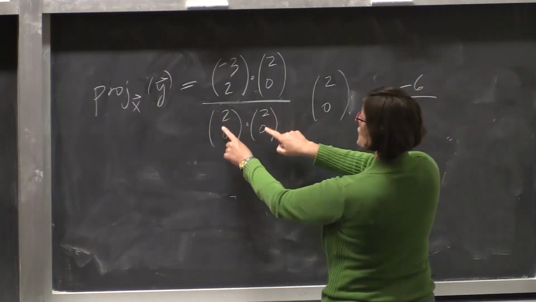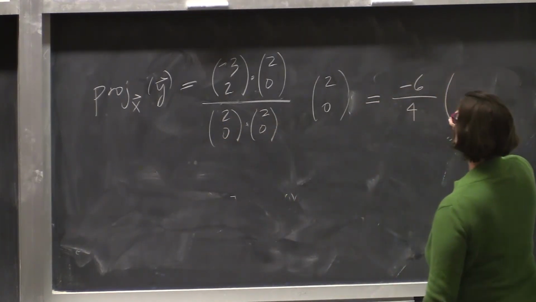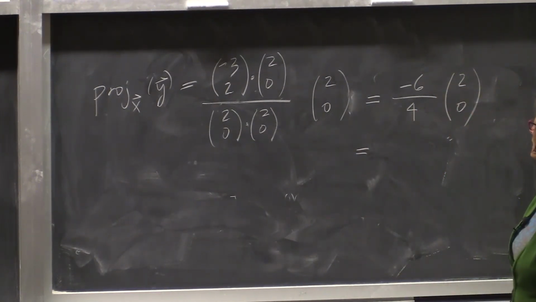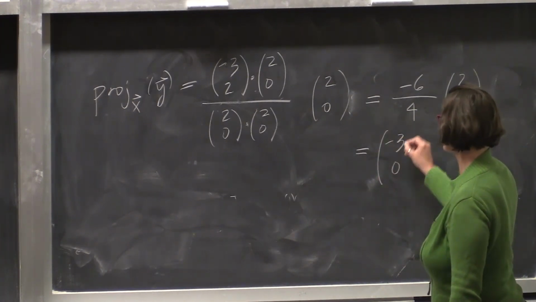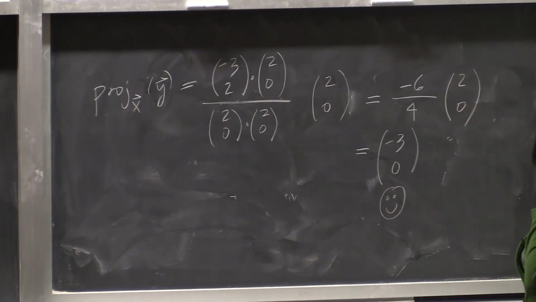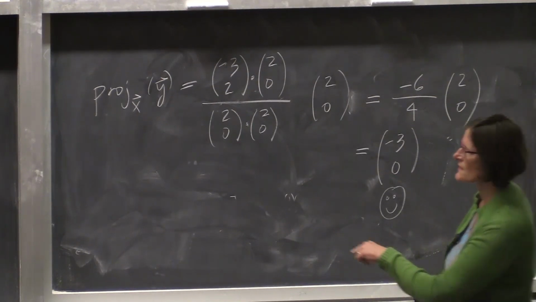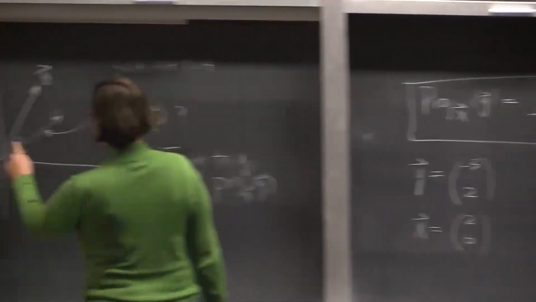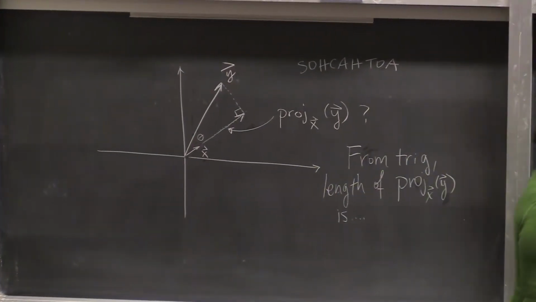The denominator is 4 plus 0. And this is multiplying 2, 0. And that is -3, 0. So the derivation I gave you covered the case where this angle is less than theta. If the angle is greater than theta, I could redo that derivation slowly and carefully, but it would work. It's just a trig thing.